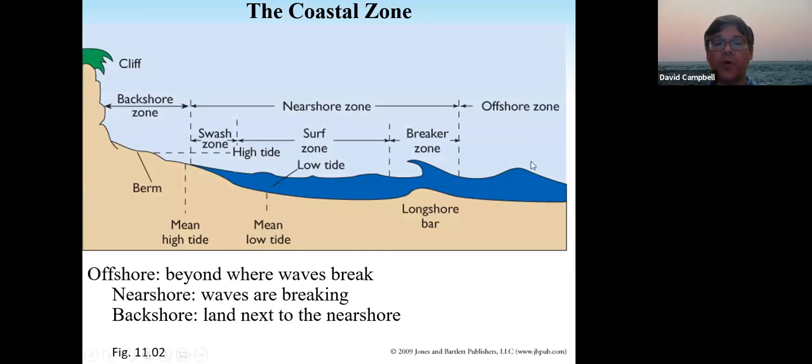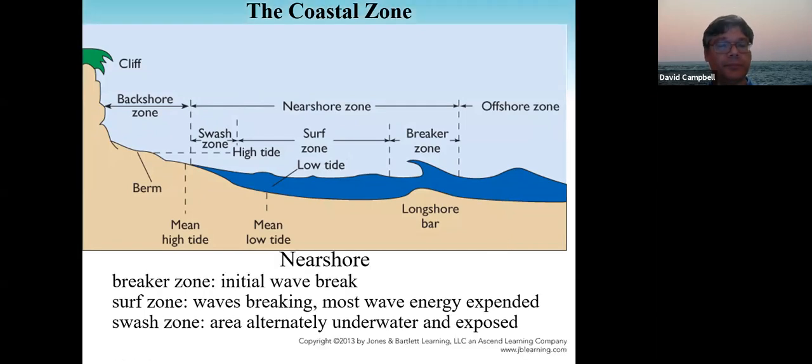Diagram version, we have the offshore out here where the waves are not yet breaking. And then a near shore zone with waves that are breaking. And the back shore is that land area that we typically think of as the beach, the exposed sand or mud or whatever there. Zooming in a little more closely at the near shore zone, we can recognize three parts to it. The breaker zone is where waves are first beginning to break.